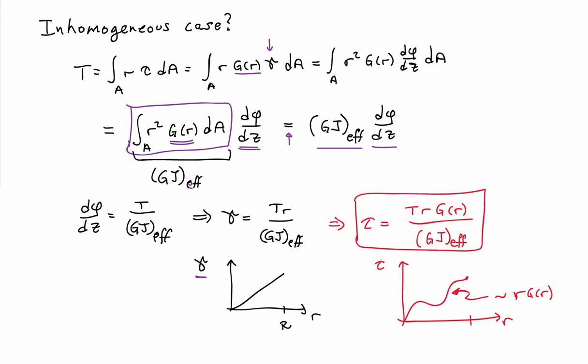The shear stresses will now be T r times G as a function of r, divided by GJ effective. The variation of tau with respect to r is proportional to r times G as a function of r. So it really depends on how the cross-sectional properties vary radially to know what the variation of the shear stress on the cross-section is as a function of r.